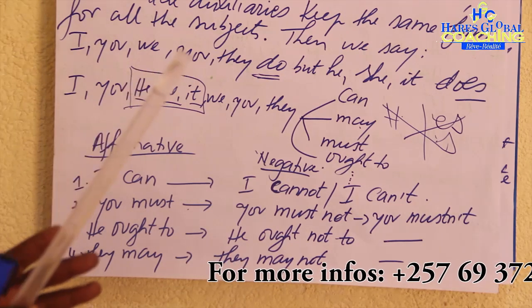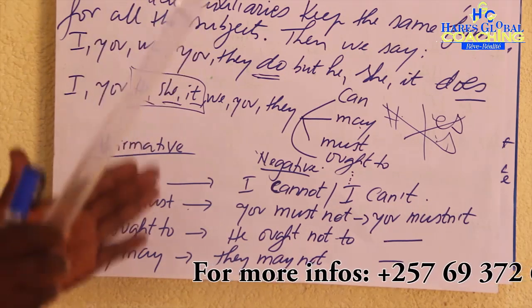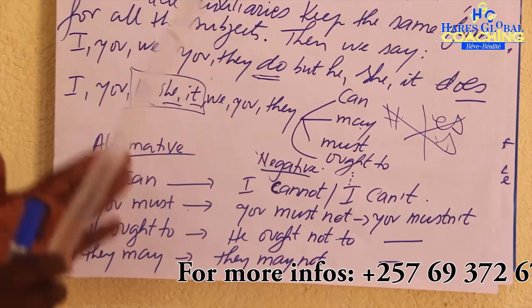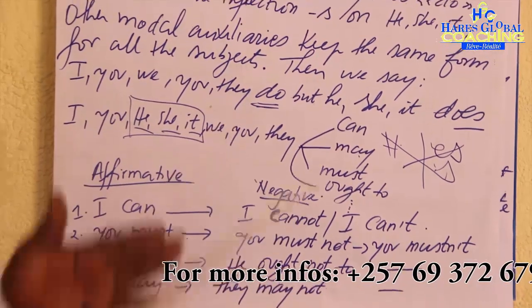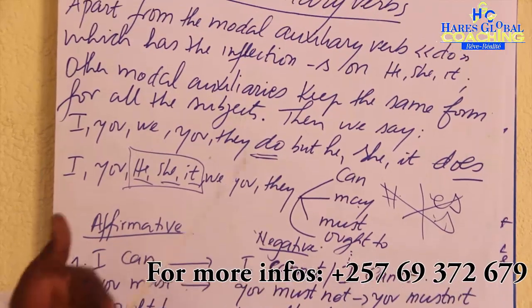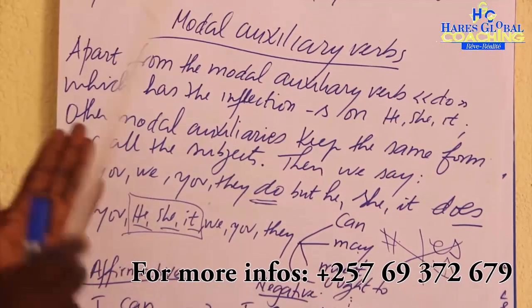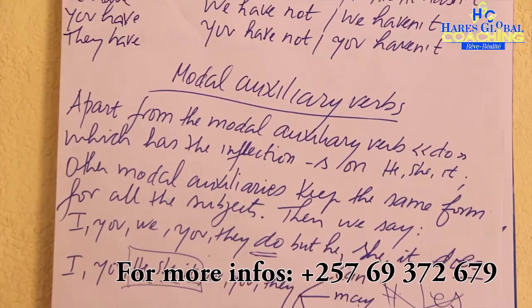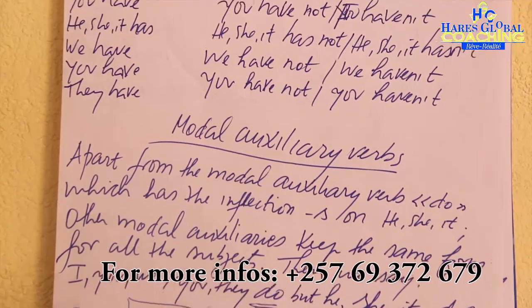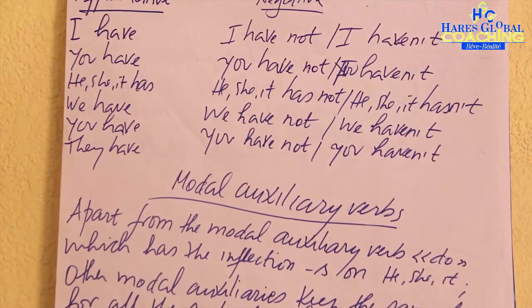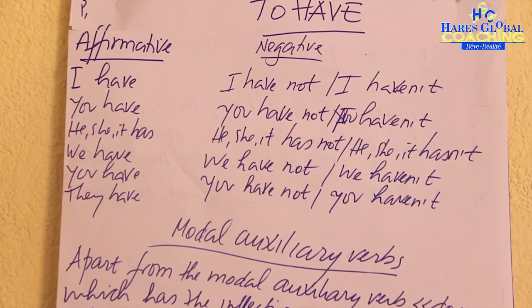In brief, we have auxiliary verb, modal auxiliary verb, and ordinary verb. This time we have studied auxiliary have and be, and I have shown you how the modal auxiliaries also function.